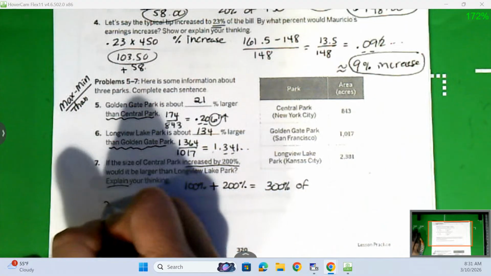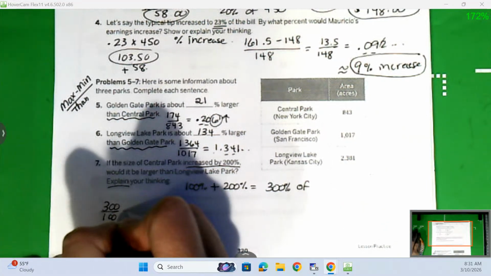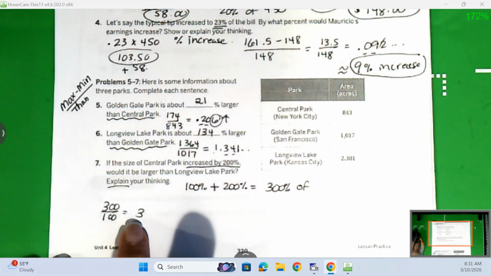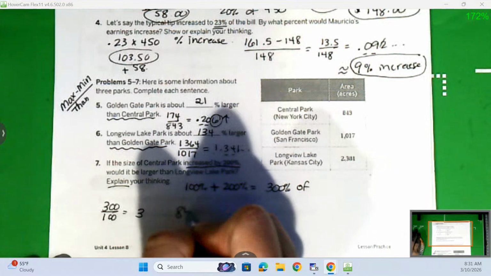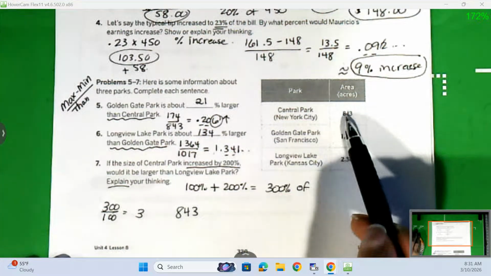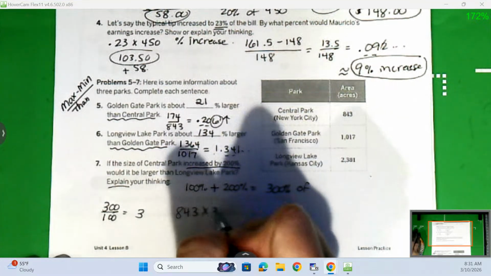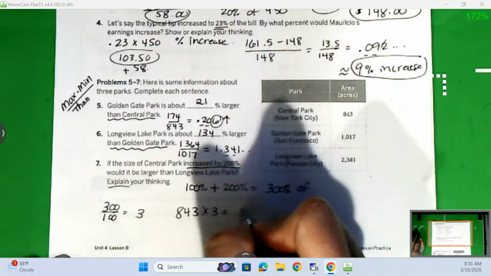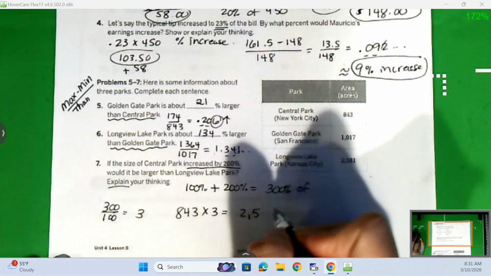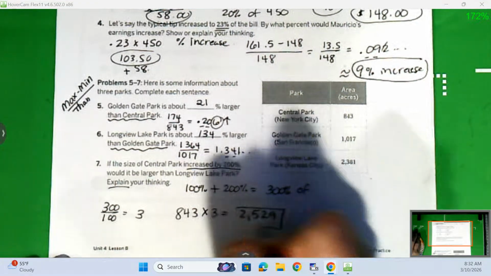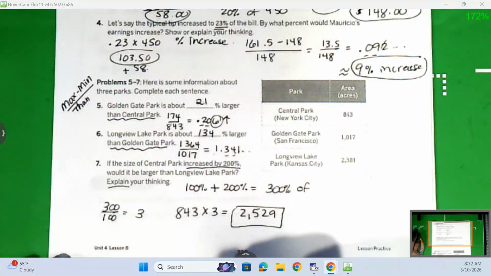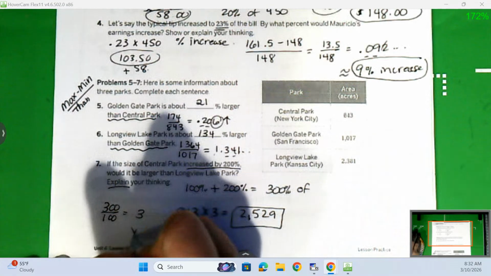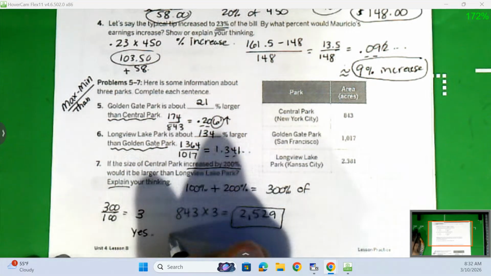Okay, 300% divided by 100 is 3. So we are multiplying by 3. So we have 843 for the size of Central Park times 3 gives us 2,529. So it's going to be greater. Yes. And this is your explain.